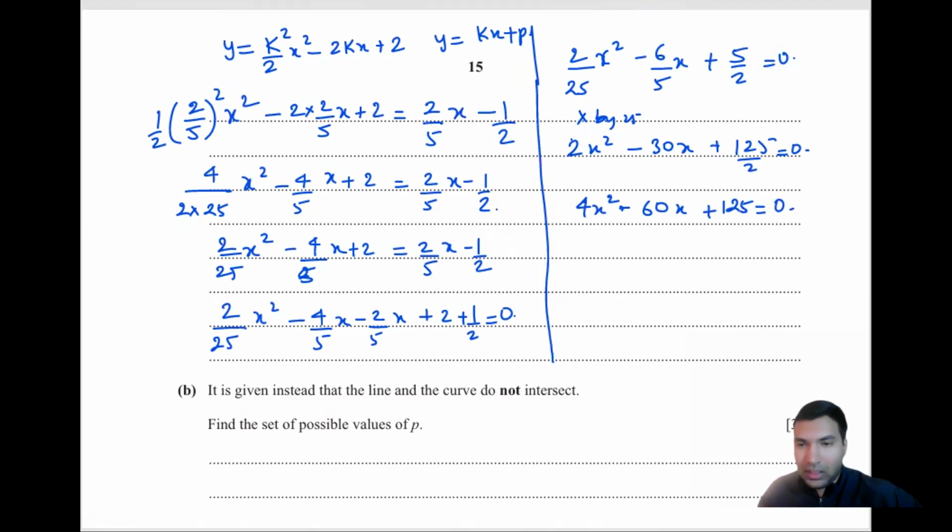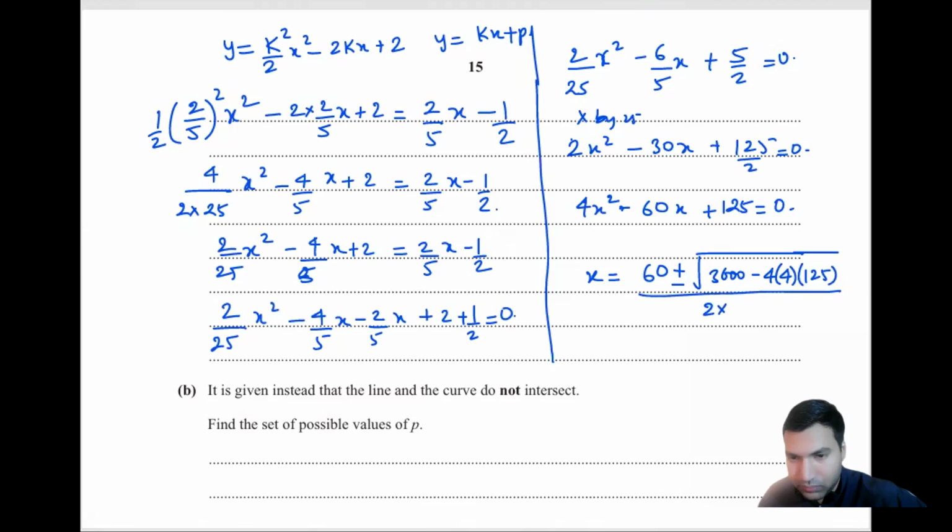Getting it? So now when I solve this for x, using the formula, x equals 60 plus minus under root 60 squared, which is 3600, minus 4ac. So 4, 4 and 125, all over 2 times 4.